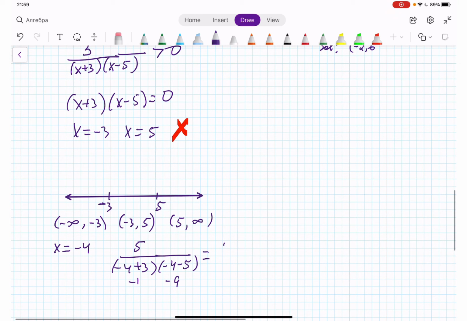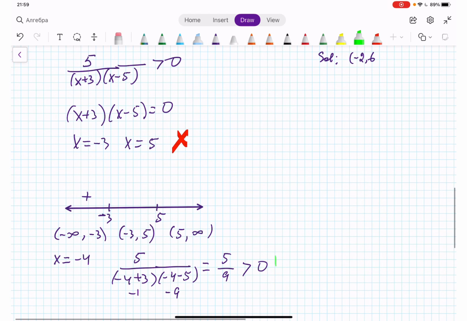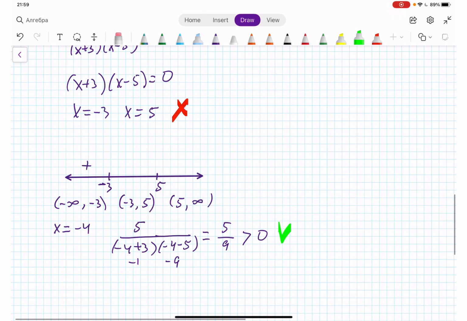We are getting positive 5 over positive 9, which is greater than 0, and it does satisfy, right? So this goes to the answer. Let me write, this is better. This range is going to the solution. It doesn't matter where I mark it down because it's in this interval.